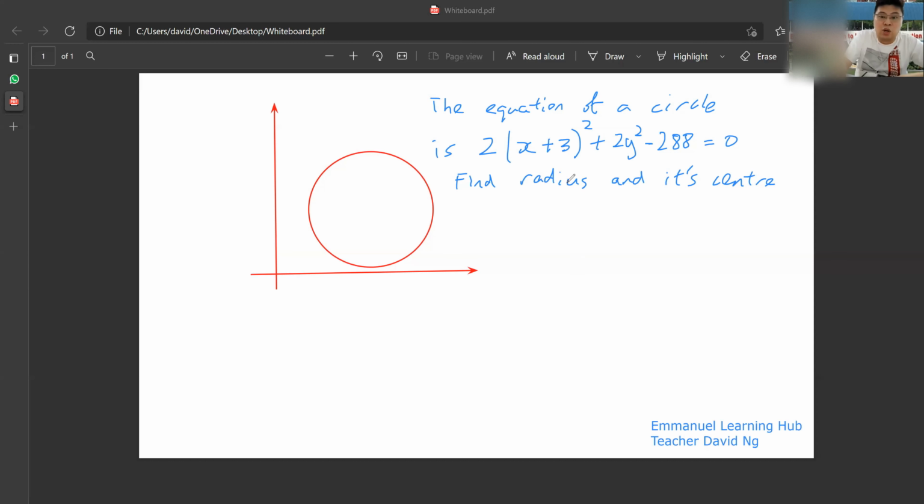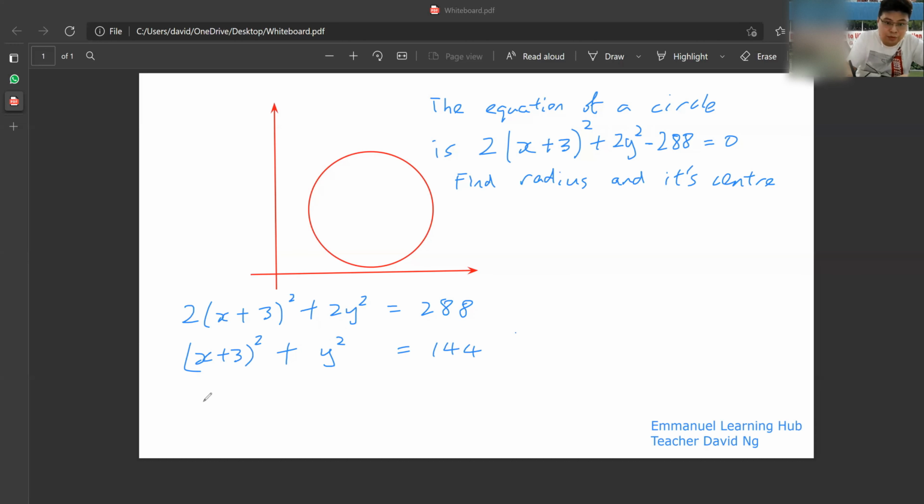Okay, so I have to do this question like that. Okay, minus 288 is 0, right? So I bring over 288. So I'm going to divide by 2. Can understand, no?